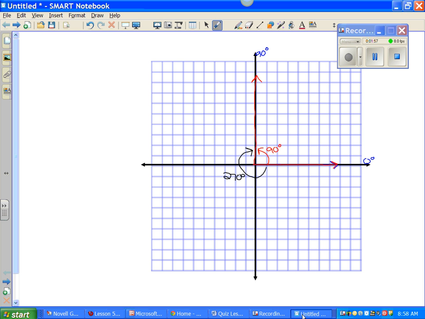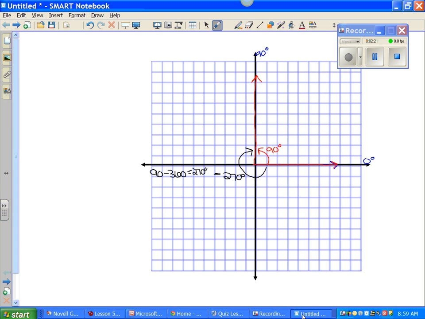But what direction did I go? Clockwise, so it's negative 270 degrees. So that's one way to find a coterminal angle. How could I find that algebraically? Awesome, okay? So 90 minus 360 would give me negative 270. Okay, so that's how I could find it algebraically.